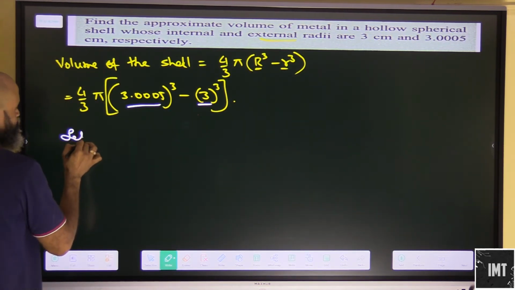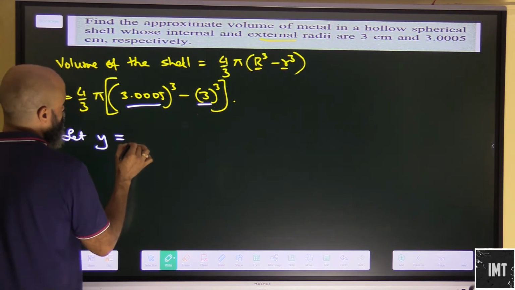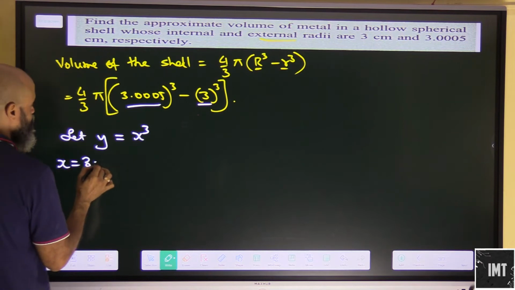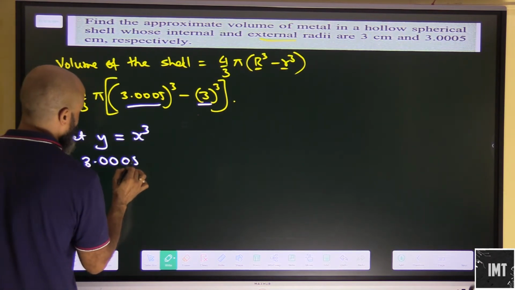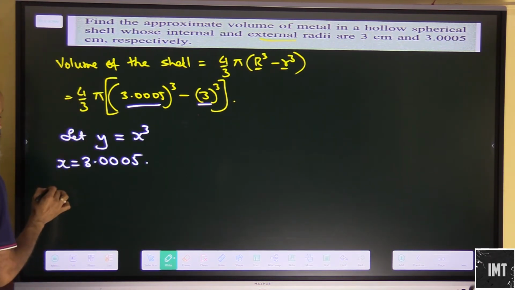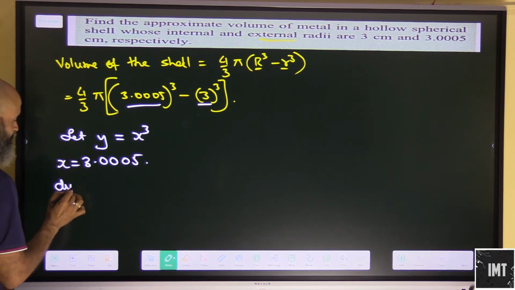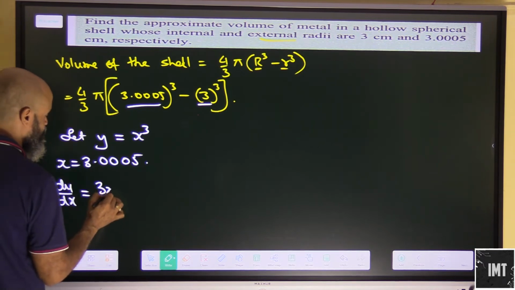So let y is equal to x cube and let x be equal to 3. Okay, so how do we find this out? Here dy by dx will be equal to 3x square.